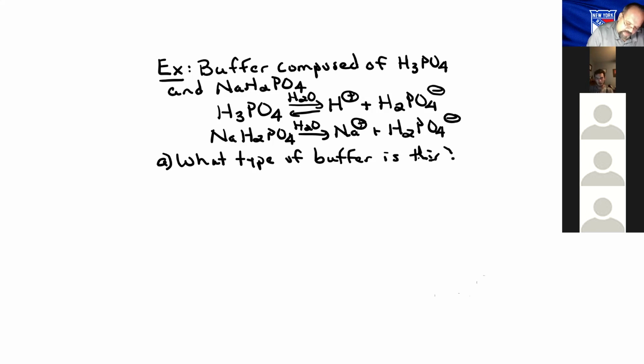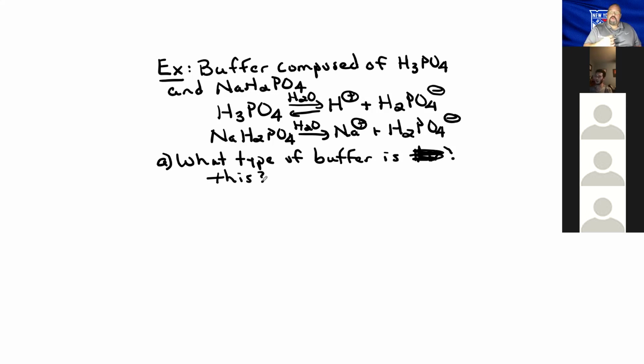Now, essentially, this is a giveaway question because even though there are two types of buffers, weak acid conjugate base and weak base conjugate acid, we've said in our discussions this evening, and you can tell from the notes as well, that we really only focus on one type of buffer. Now, in case you forget that, how would you answer this question?